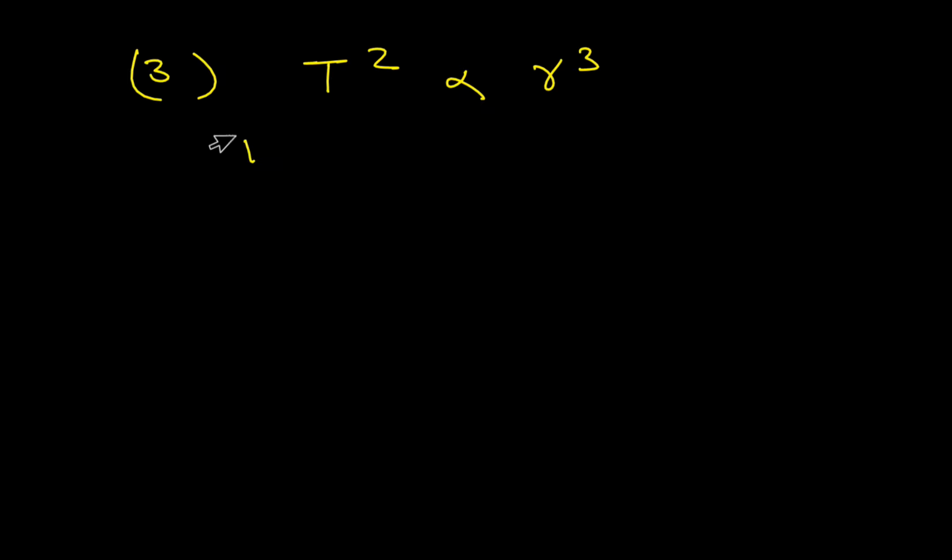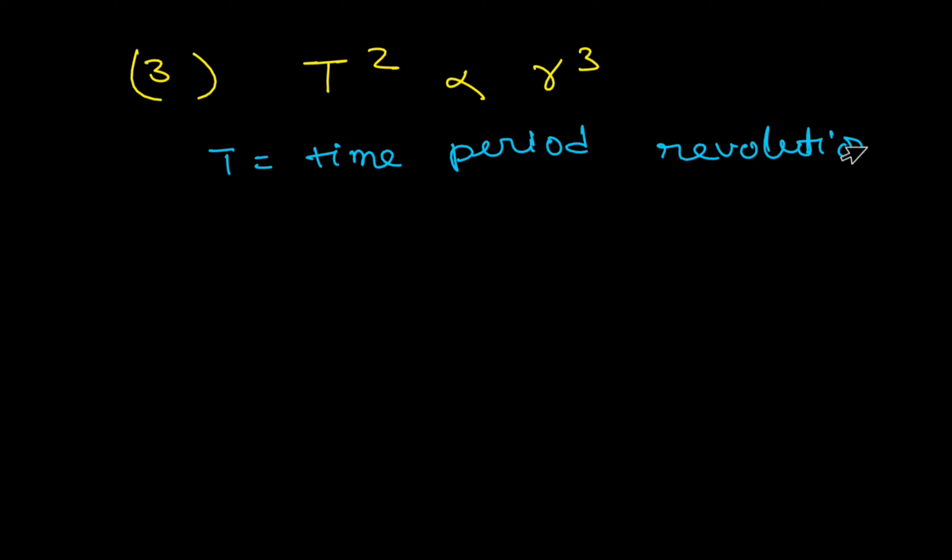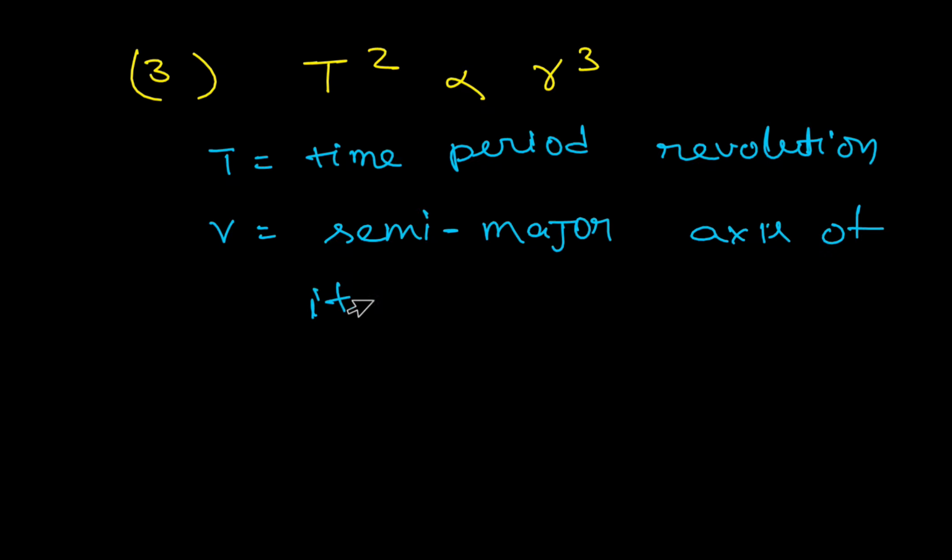So T is equal to the time period of revolution, and R is equal to the semi-major axis of its elliptical orbit.